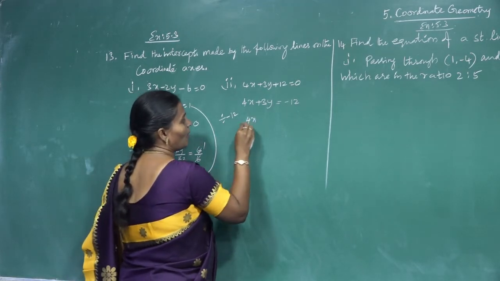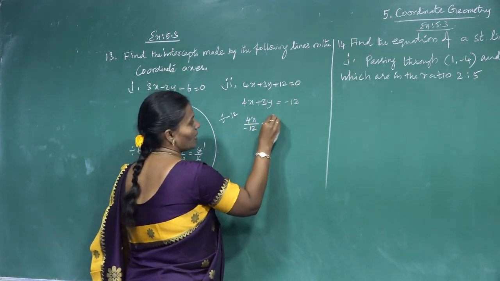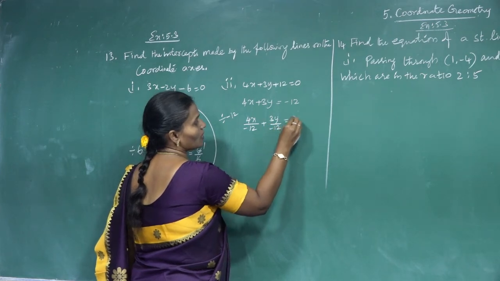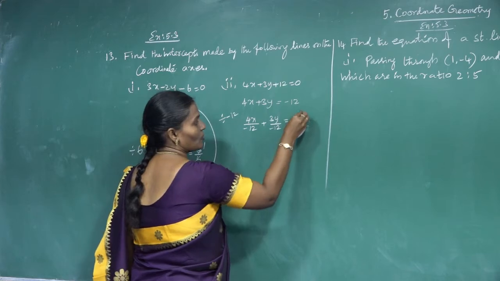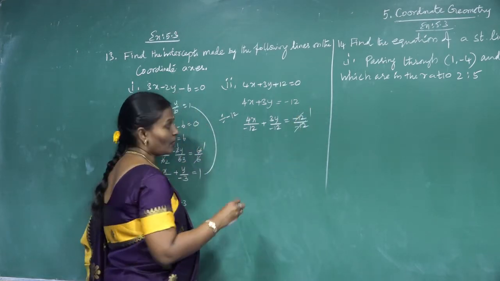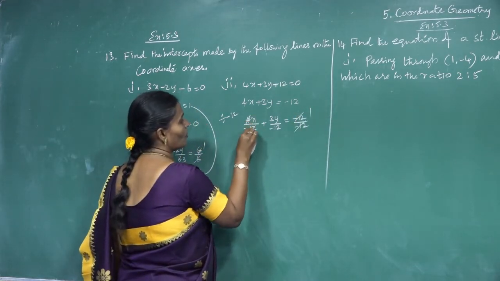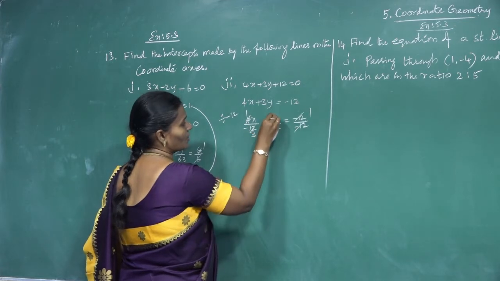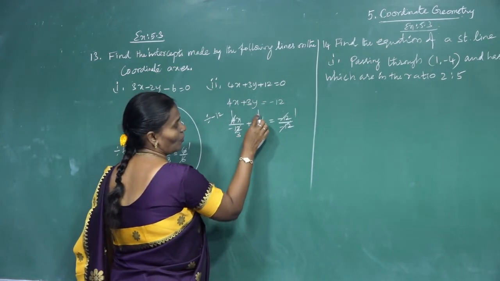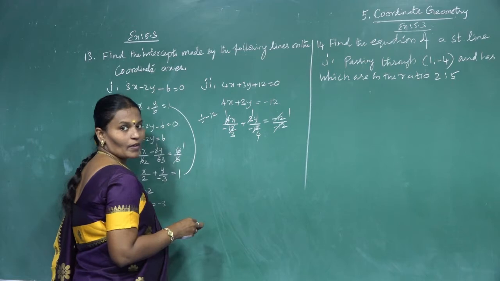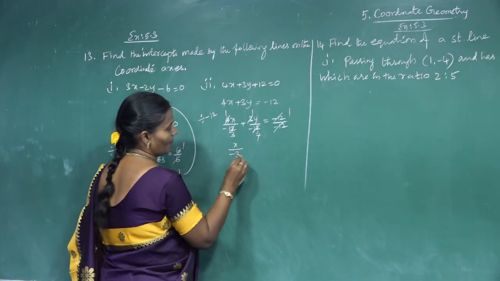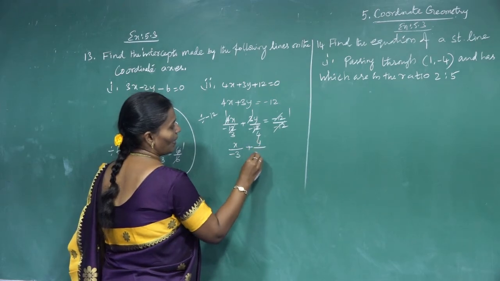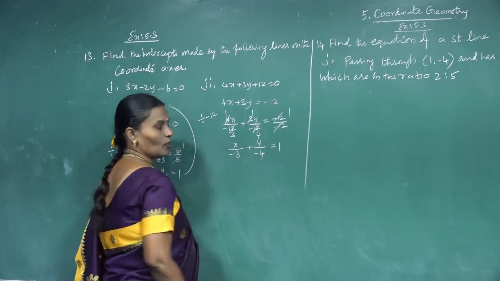So 4x by minus 12 plus 3y by minus 12 is equal to minus 12 by minus 12. So minus 12 cancels, that gives 1. Now cancel with the fourth table, 1 time, 3 times. Here 1 time. Third table, 1 time, 4 times. Understand children? Now see, x by minus 3 plus y by minus 4 is equal to 1.